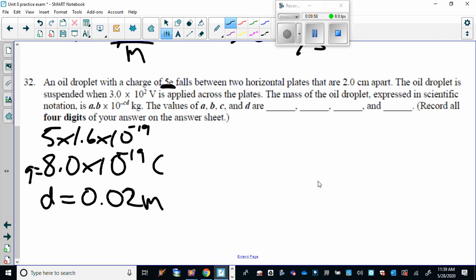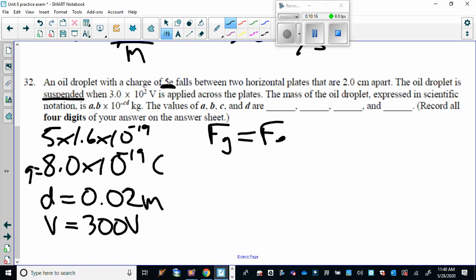The oil drop is suspended. So if it's suspended, when that voltage is applied, 300 volts, the mass of the oil drop, if suspended, that means the gravitational force must equal the electrostatic force. mg equals EQ.